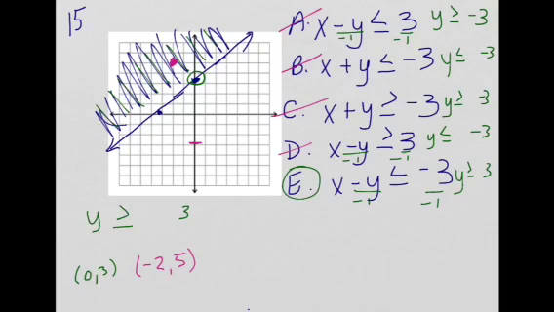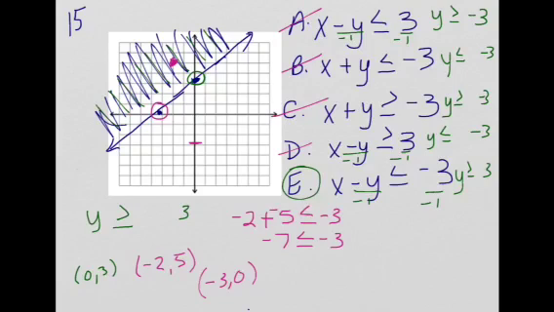So we're going to go ahead and plug it into the equation. So we're going to have negative 2, minus 5, is less than or equal to negative 3. Add a line, change the sign. Negative 7 is less than or equal to negative 3. So this is looking pretty good. We're going to go ahead and check one other point. It looks like we have an x-intercept here, which is going to be (negative 3, 0).